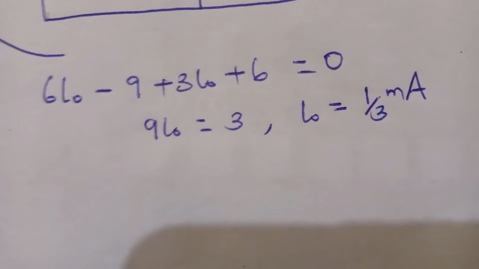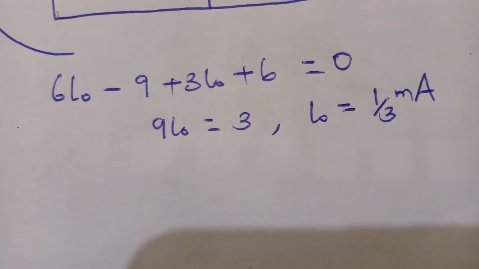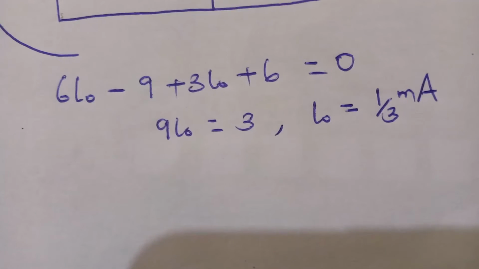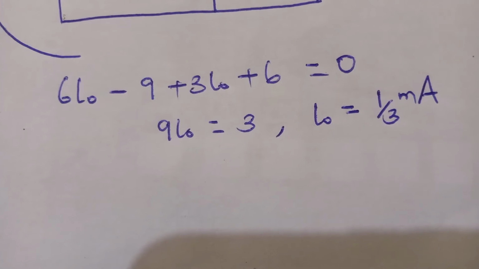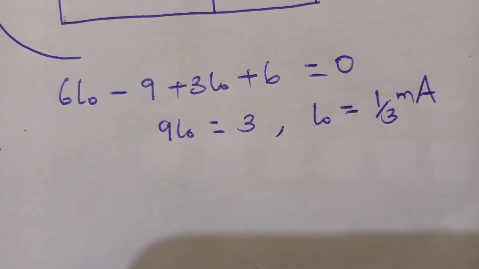Therefore, simplifying that equation gives us the total current in the circuit, I naught, equal to 1 by 3 milliamps.